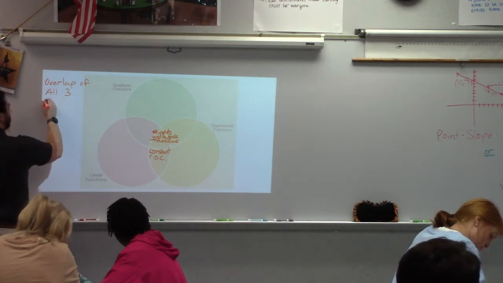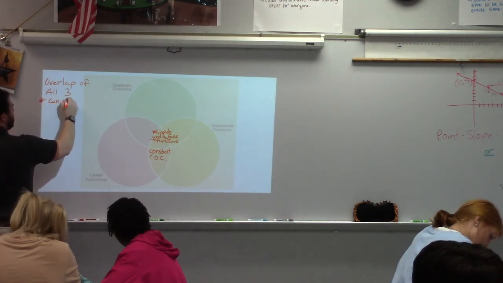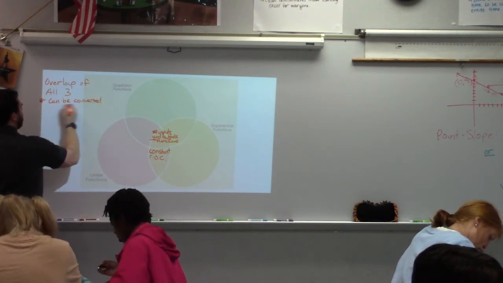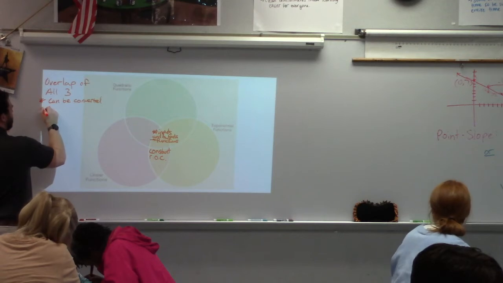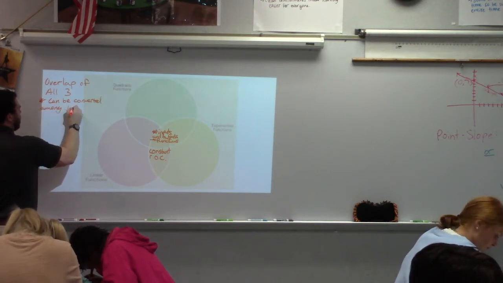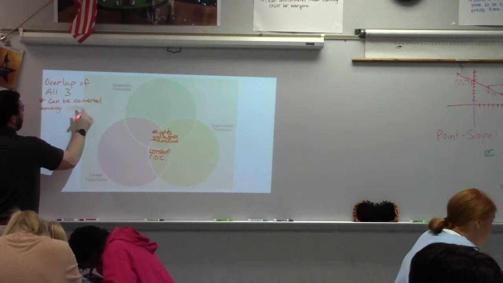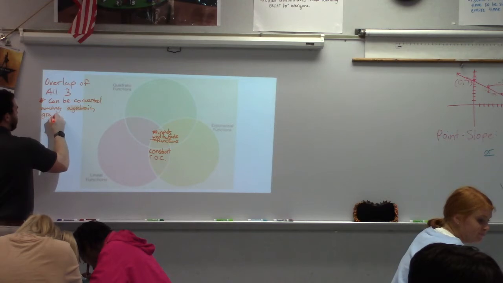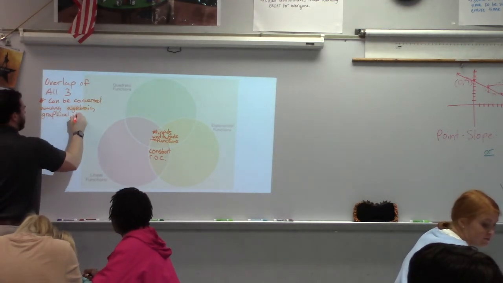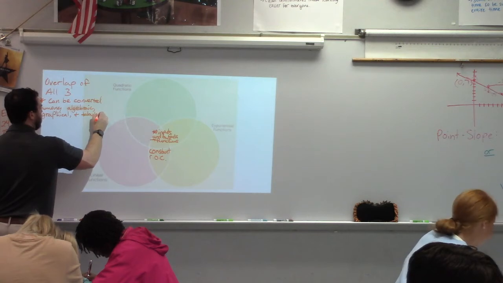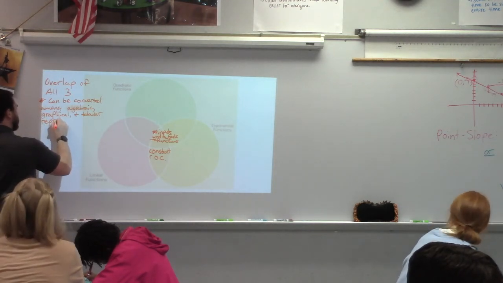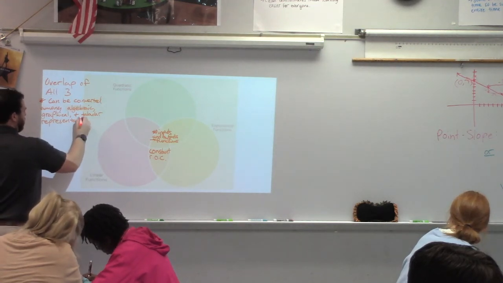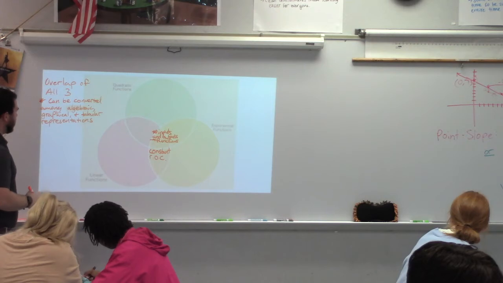And so overlap for all three can be converted among algebraic, graphical, and tabular representations. And so again, this might be why you need to move off to the side and add extra details for overlap of all three like this.